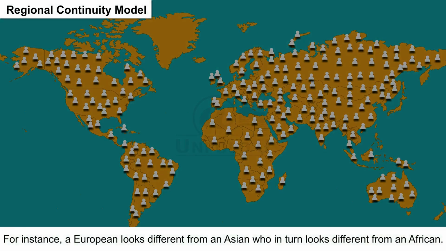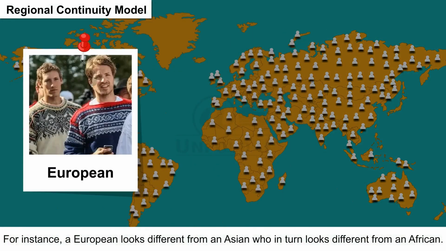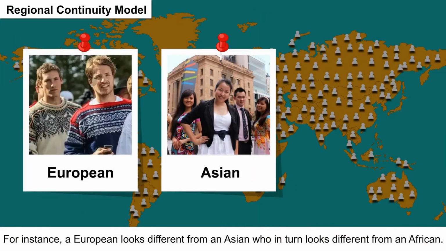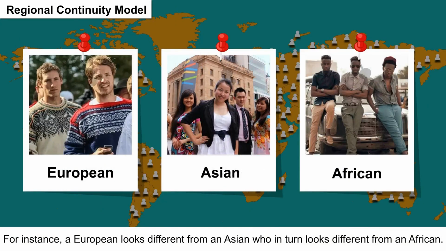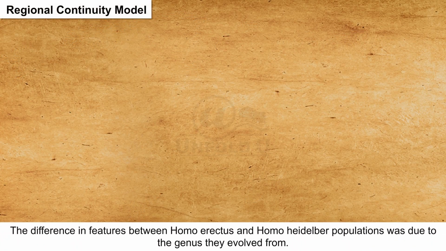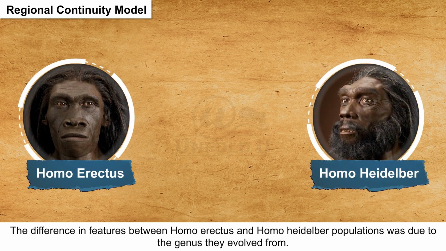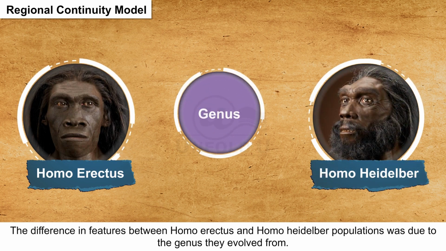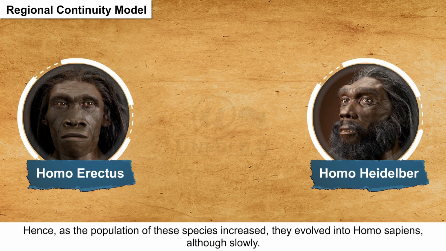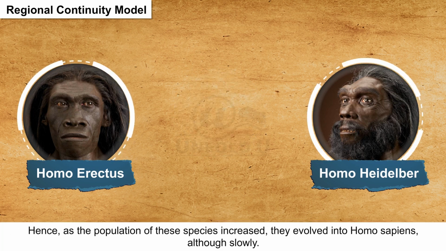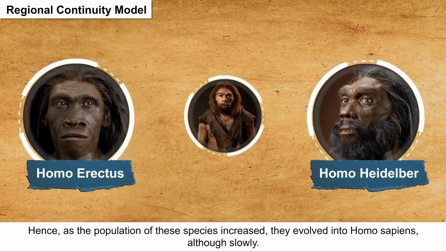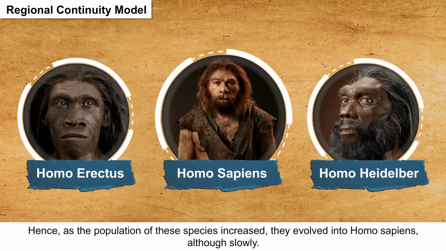For instance, a European looks different from an Asian, who in turn looks different from an African. The difference in features between Homo erectus and Homo heidelbergensis populations was due to the genus they evolved from. Hence, as the population of these species increased, they evolved into Homo sapiens, although slowly.